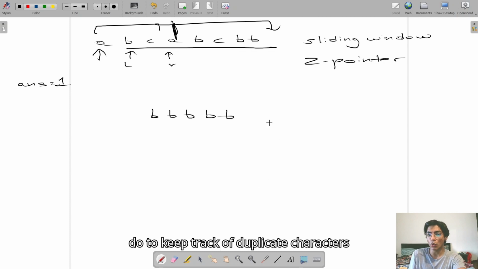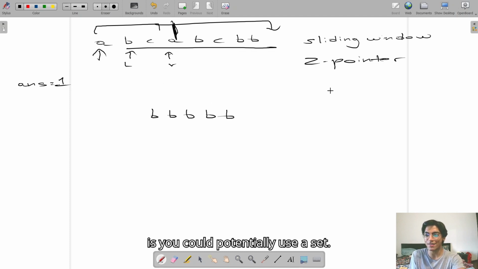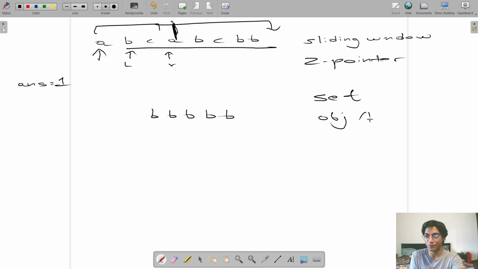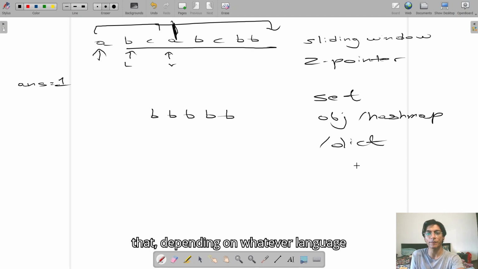Now, to keep track of duplicate characters, you could potentially use a set, an object, a hash map, or a dictionary, depending on whatever language you're using and whatever you prefer.